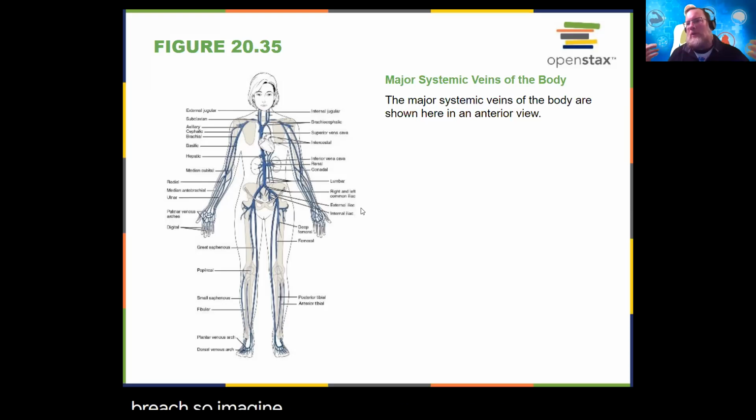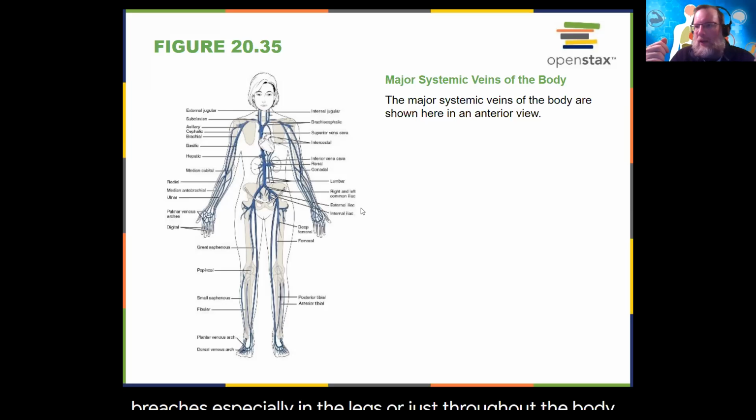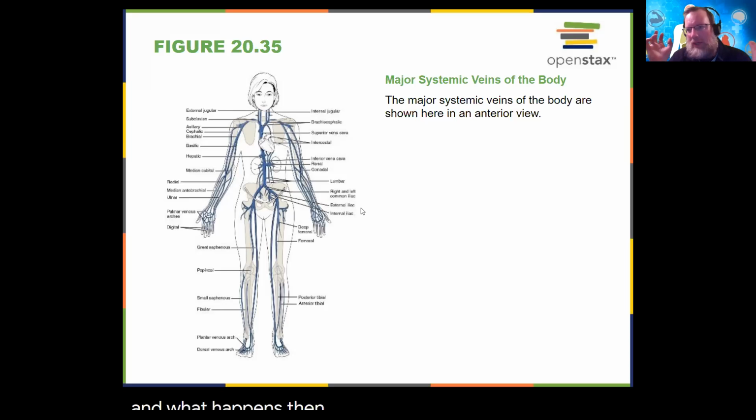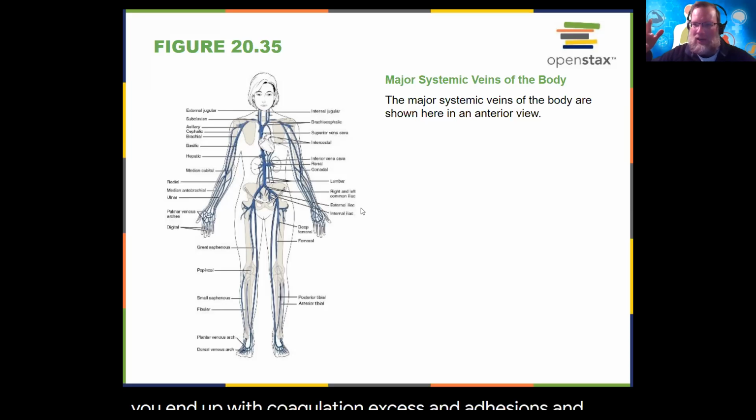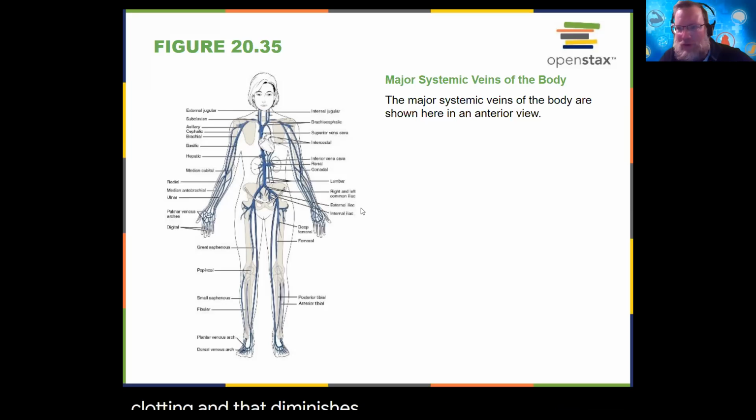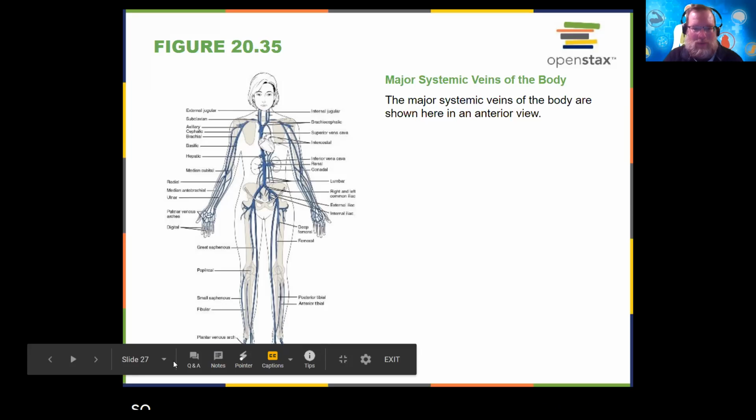So imagine thousands of those tiny little breaches, especially in the legs or throughout the body. The body repairs those, and part of the repair process is clotting, right? So you end up with excess coagulation and adhesions and clotting, and that diminishes diameter even further. And so then you start getting necrosis and tissue death. So we want to keep an eye on blood flow and the health.